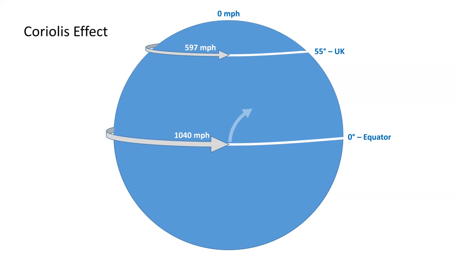The ball thinks it's going in a straight line. It is going in a straight line in its own frame of reference. But because it's decoupled from the Earth, that initial momentum that you gave it, the going north force and the turning round force, actually means that it starts to travel and move to the right as you go north.